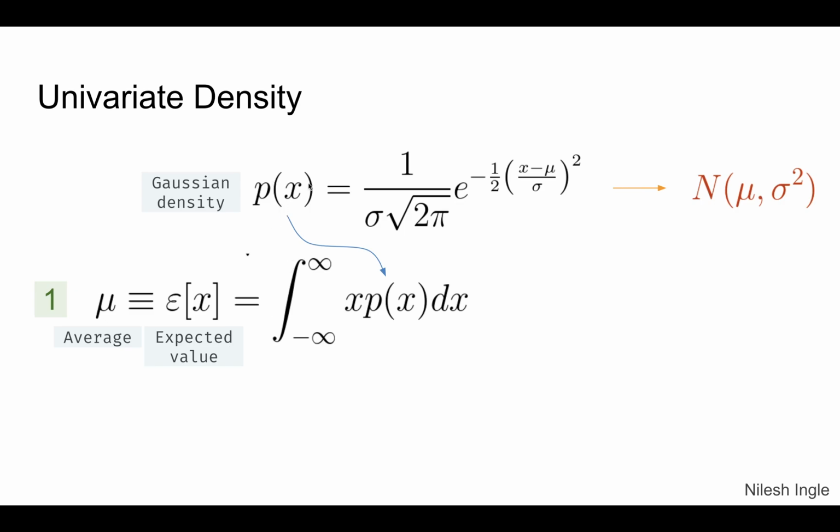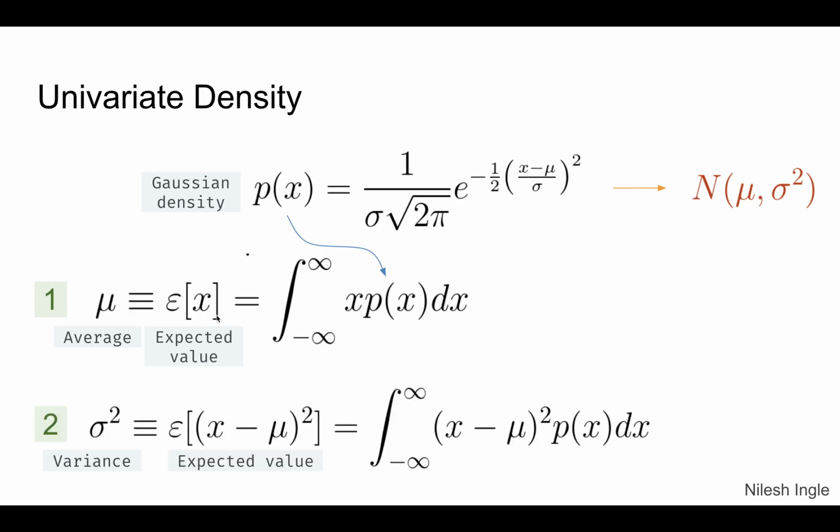We can use this probability density and multiply it with the values of x to arrive at the average value for the x's, so the expected value of x. We can similarly get the expected value for variance by multiplying the same density with the square differences between the value of x and the mean of x.